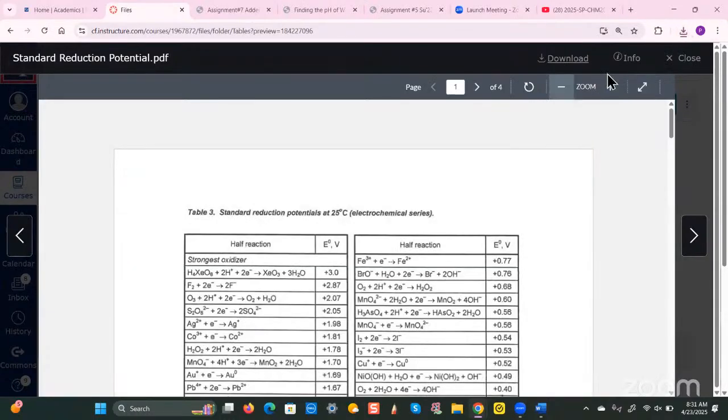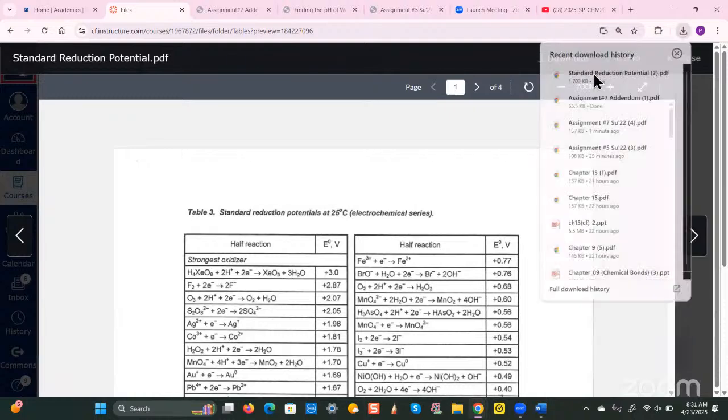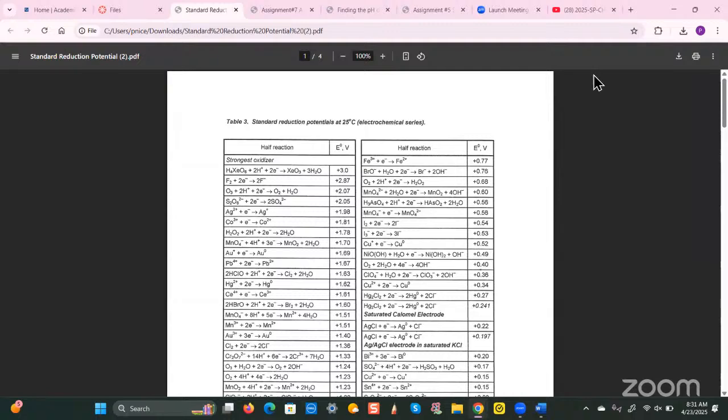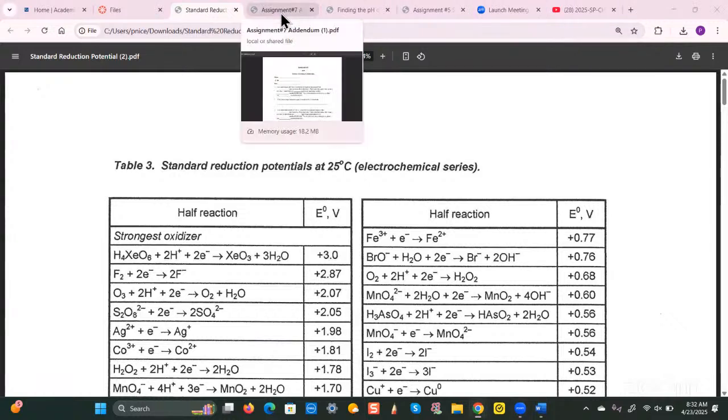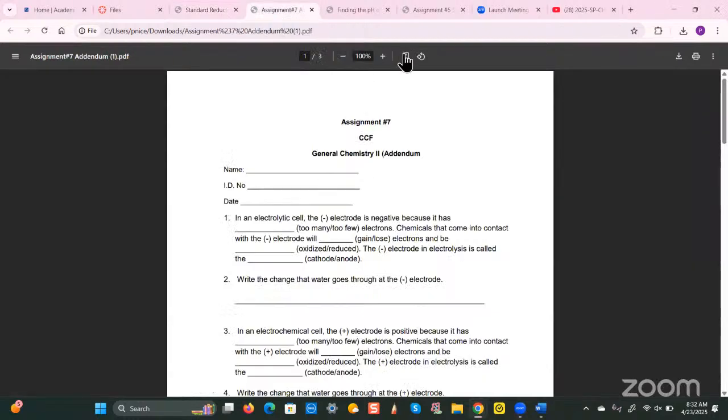Download that as well. Okay, so this is the table you're going to need for answering the questions in that. Okay, so let me go here and let me make this larger.